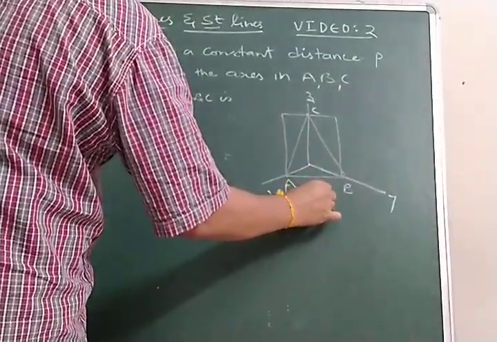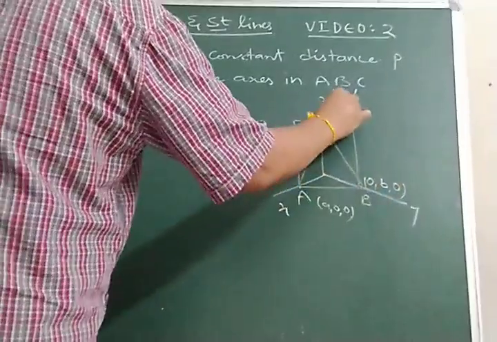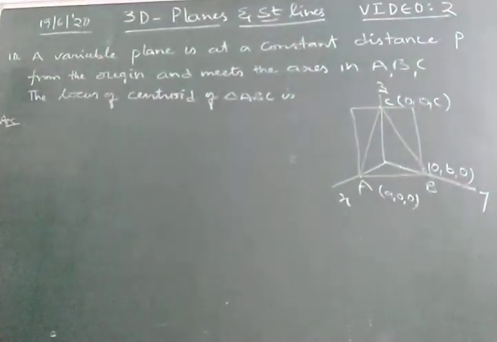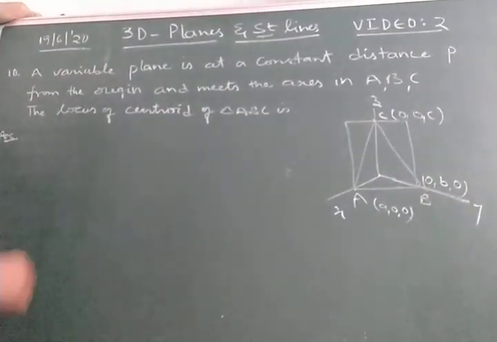Here A is (a, 0, 0), B is (0, b, 0) and C is (0, 0, c). Now the centroid of the triangle is (x1, y1, z1).